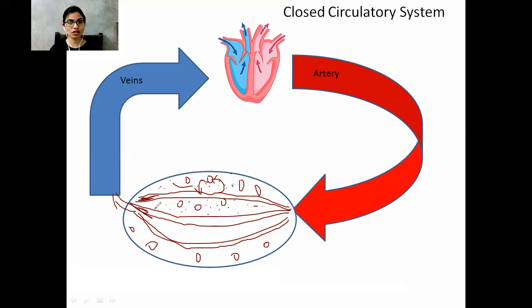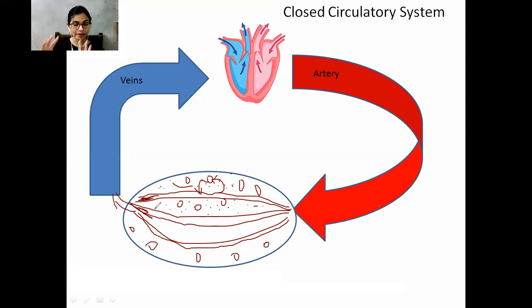Blood consists of two parts: a liquid part and cell components. The liquid part is called plasma, and then we have three kinds of cell components: RBC, WBC, and platelets. These cell components float in the plasma.